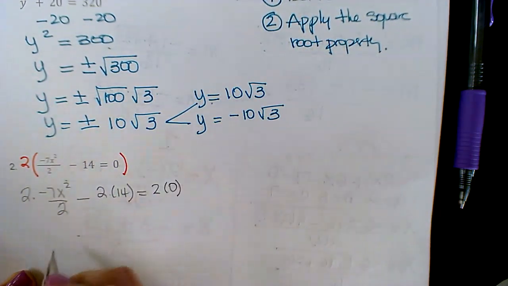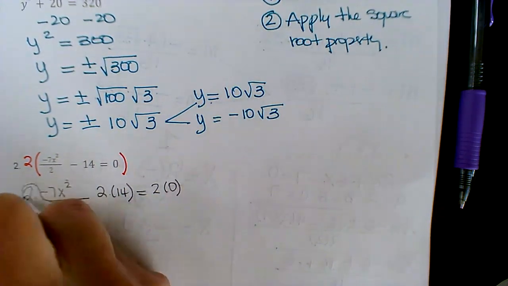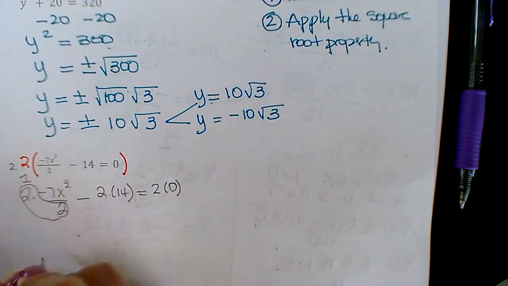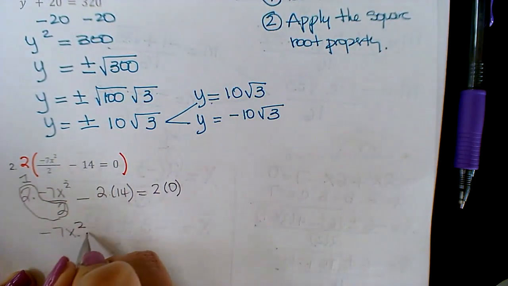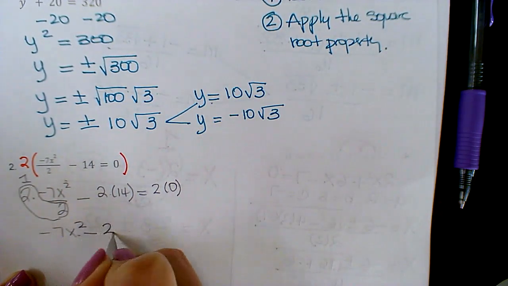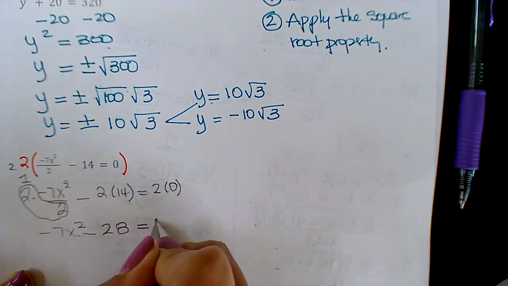So right here there's a 1, right? So we have negative 7x squared minus 28 equal to 0.